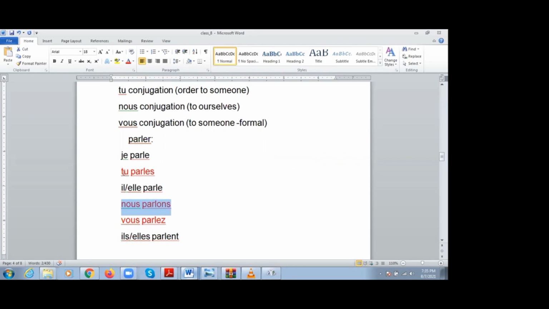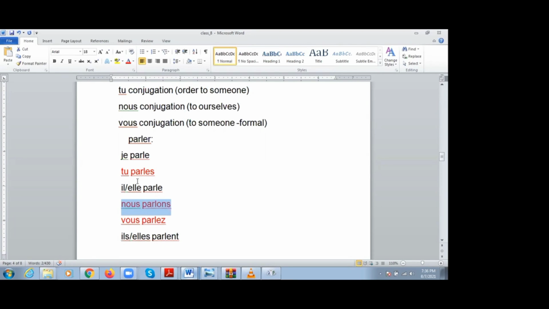Since we have been told that we are not supposed to use a subject associated to each conjugation, it's gonna be simply parle, speak. Because I'm talking to second person informally. If I'm asking somebody to speak politely in the formal manner, it's going to be parlez. That's it.